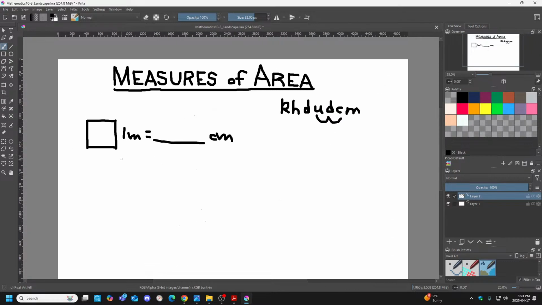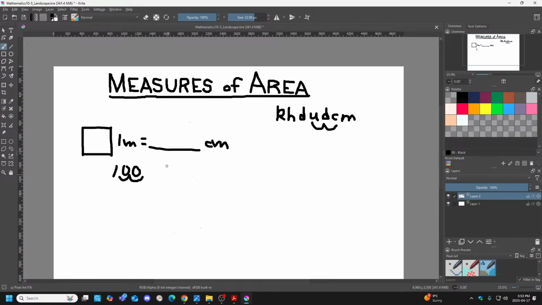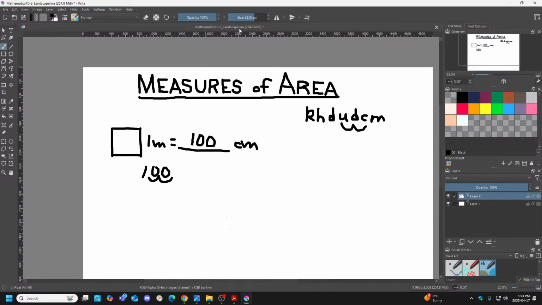Therefore, we're taking the decimal from the 1, and we're going 2 jumps. 0, 0. There we go. 1 meter is 100 centimeters. Look how easy that is. Okay, I think I could get my cat to understand that.